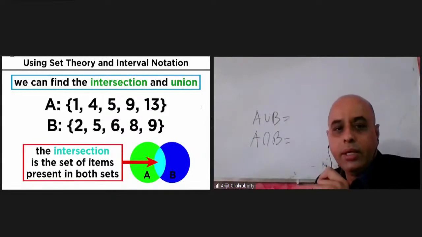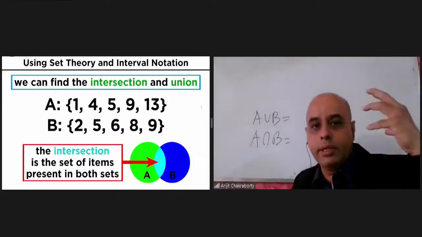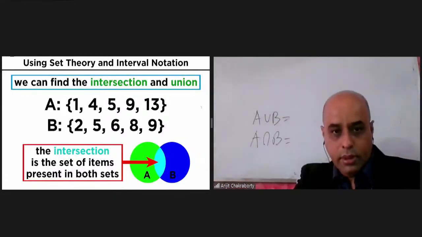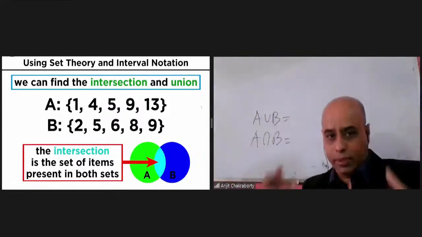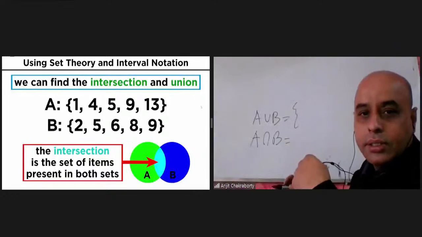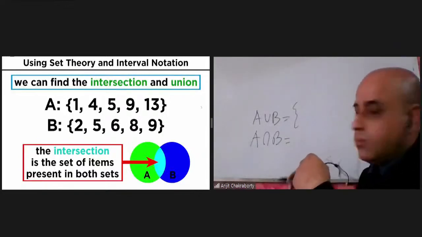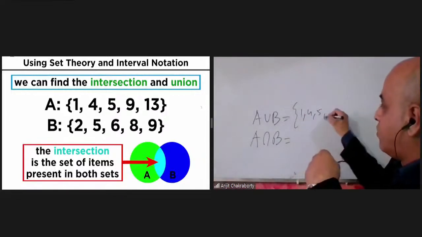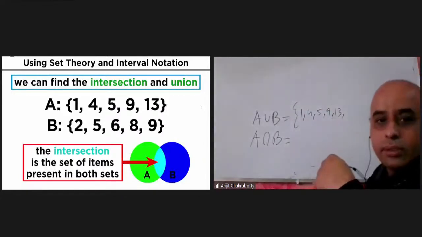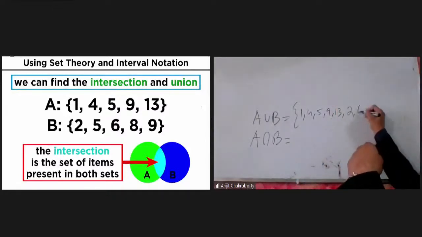Okay, A union B. I will take all the numbers which are there. Of course, I will not repeat any number because union means or, either in A or in B, right? So I will take 1, 4, 5, 9, 13, and I will take the elements from set B: 2, 6, 8.